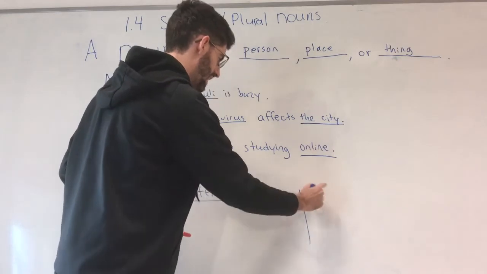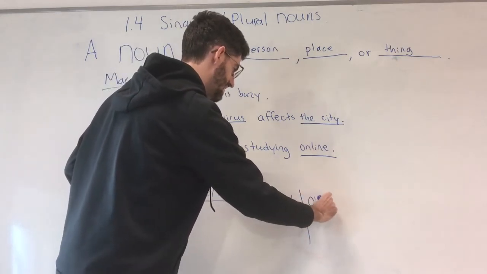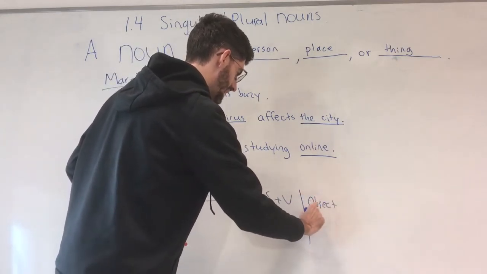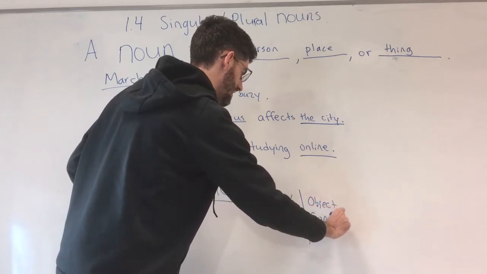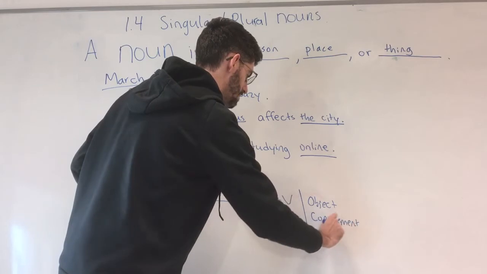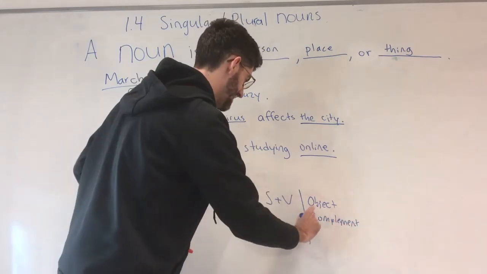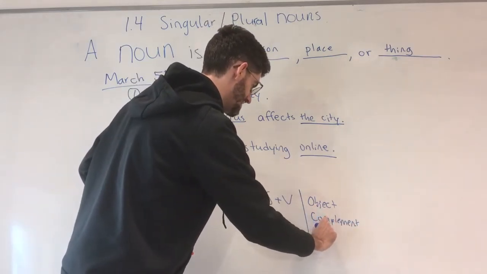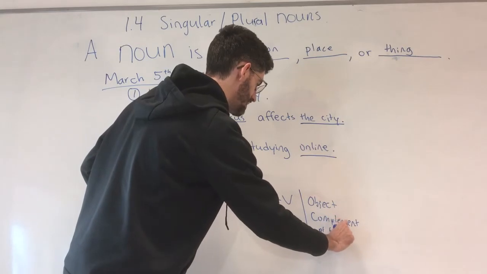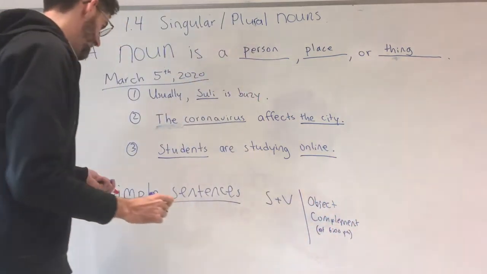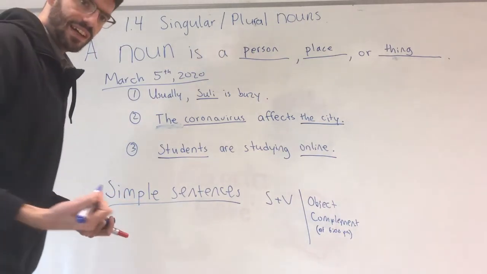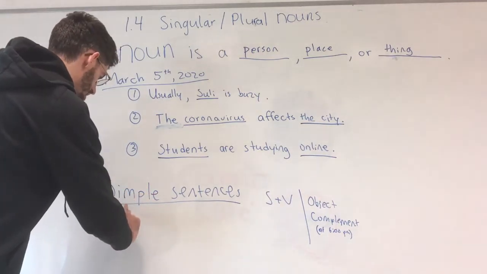After the verb, we can have an object, or we can have a complement, okay? It might be a preposition like at 6 o'clock p.m., okay? In a simple sentence, nouns have 2 jobs.